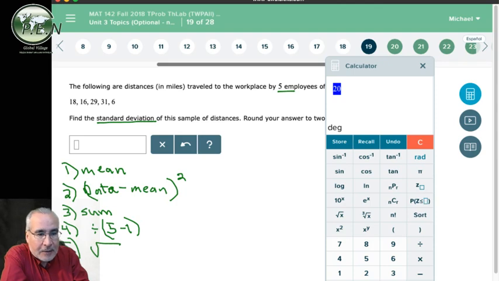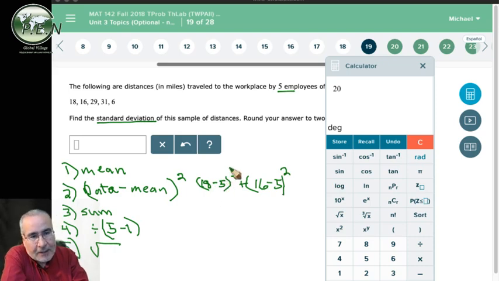So the next thing we need to do for this calculation is take 18 minus 5, square it, plus 16 minus 5, square it, plus 29. Now you could do the subtraction in your head, and you could even square it in your head, but I'll show you how to do the whole thing right on here.